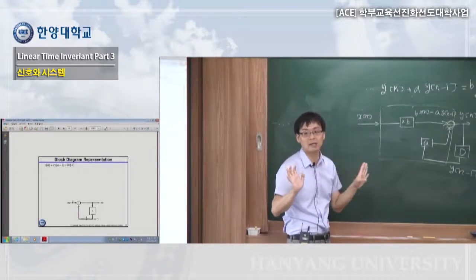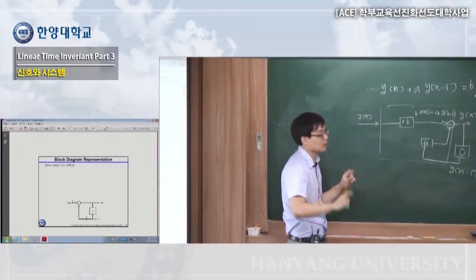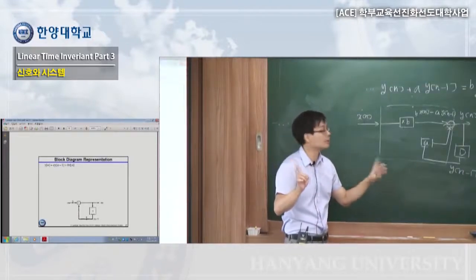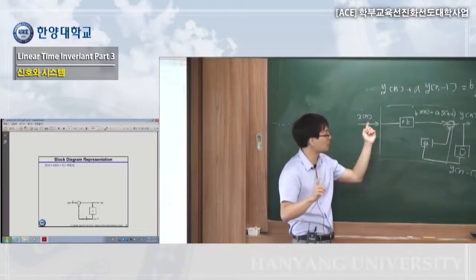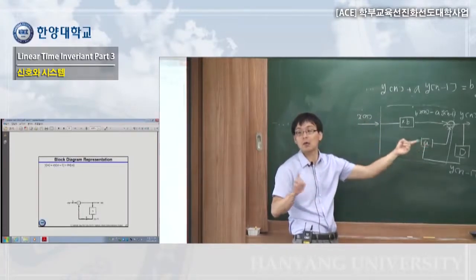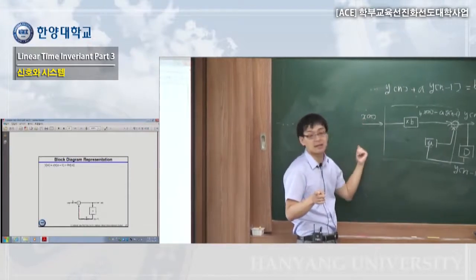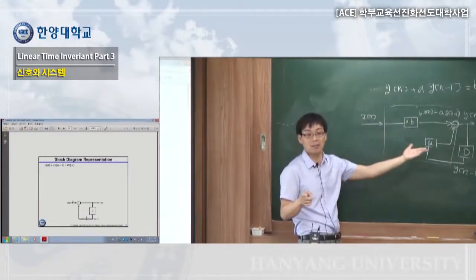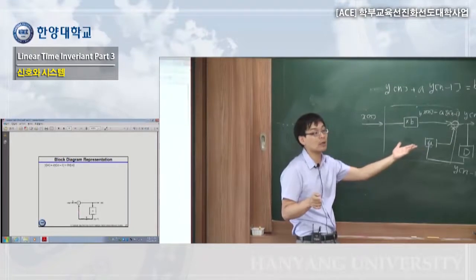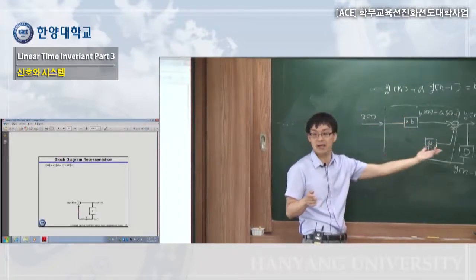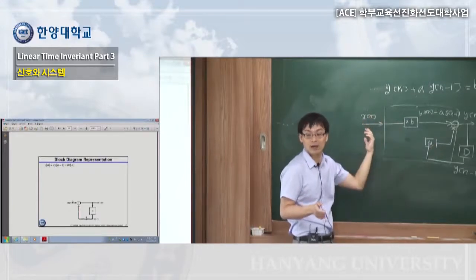My basic advice here is, first, select what is the input and what is the output. Selecting in here is straightforward. X is input, Y is output. But you can select x[n-1] as the input, y[n-2] as output. Or differentiation of x as output.